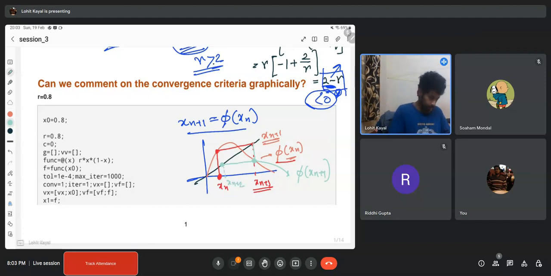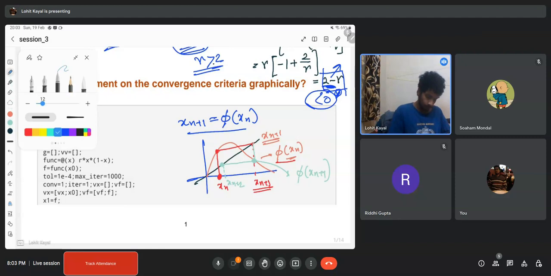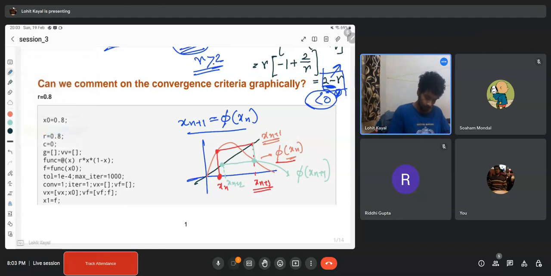Now again from x n plus 2, I will move to the curve, and it will give me phi of x n plus 2. Similarly, if I move to this, it will give me x n plus 3, and similarly this will be my x n plus 4. It will just rotate something like this, and it will either converge or diverge. You will see in a moment.